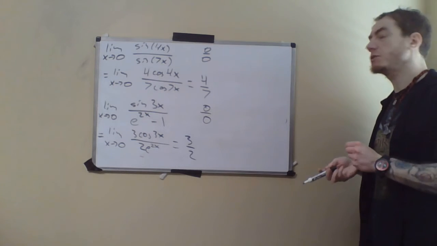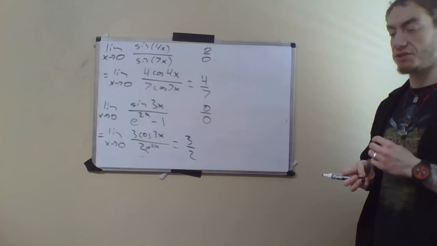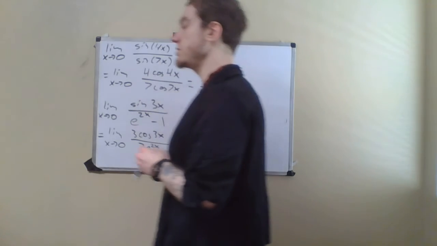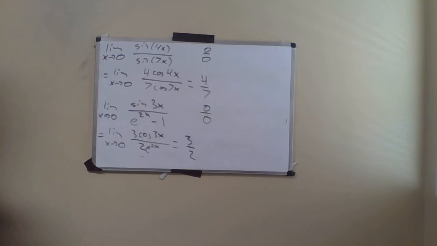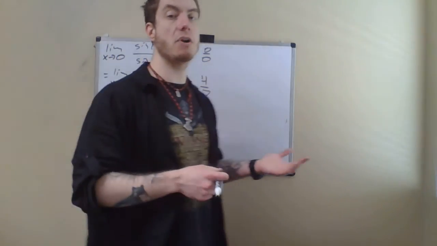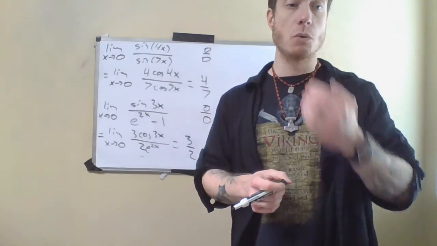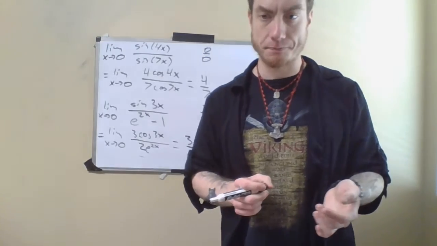Well, that is what L'Hopital's rule allows us to do now. So we can now use L'Hopital's rule to figure things out, like the end behavior of functions that otherwise we wouldn't be able to figure out.